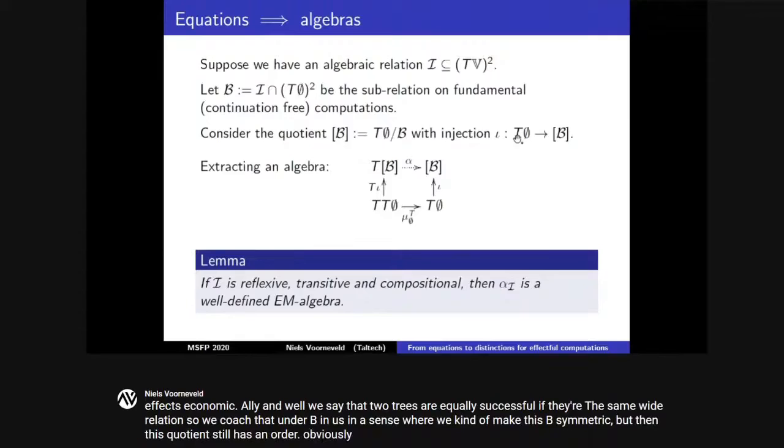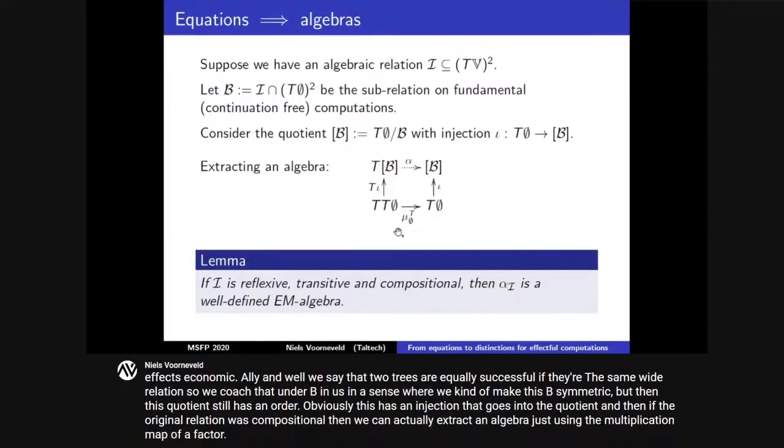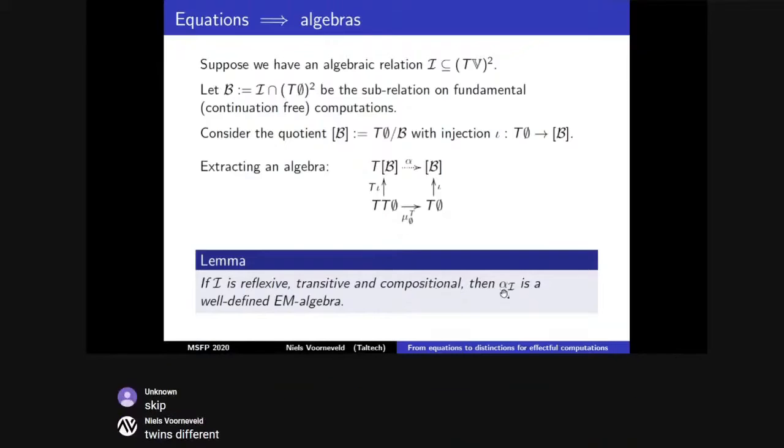Obviously, this has an injection that goes into the quotient. And then if the original relation was compositional, then we can extract an algebra just using the multiplication map on effect trees. And then the nice thing is that if the original relation was reflexive, transitive, and compositional, then this algebra is not only well-defined, so this lifting works, but is also an Eilenberg-Moore algebra.